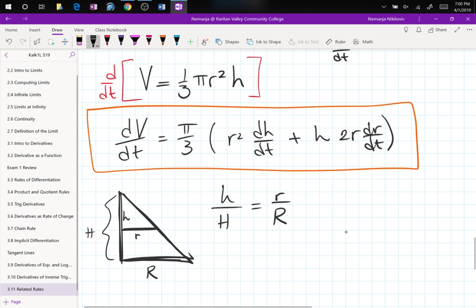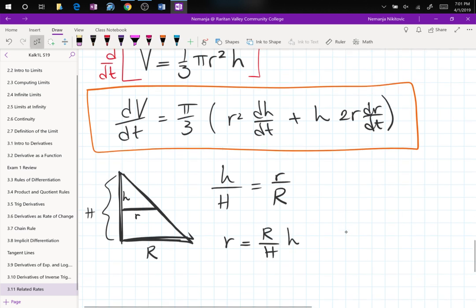So now, if you are looking for heights, you will solve that the little radius is equal to R over H, which is a constant, times the height. So I'll just put here R and H constants, r and h variables. And this is important because you have to differentiate this.